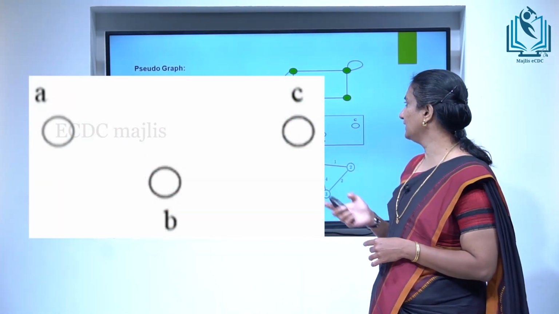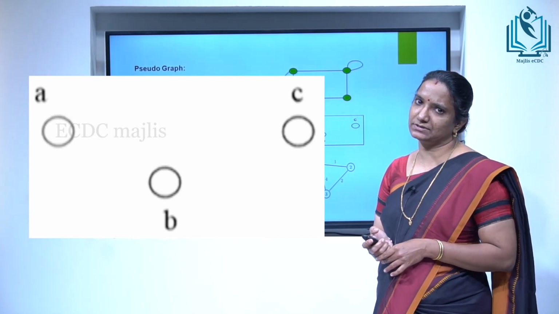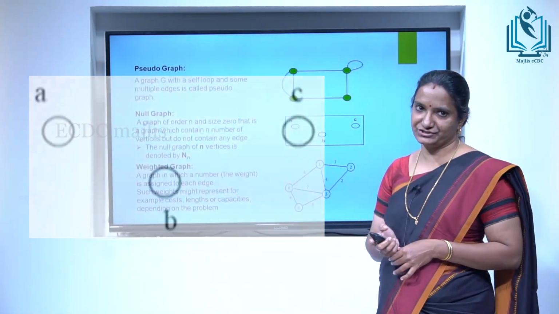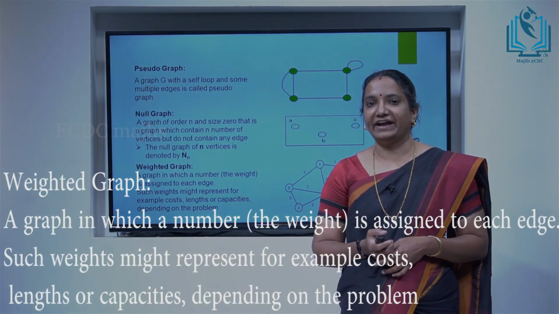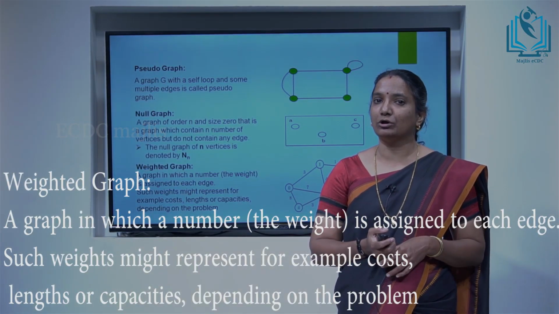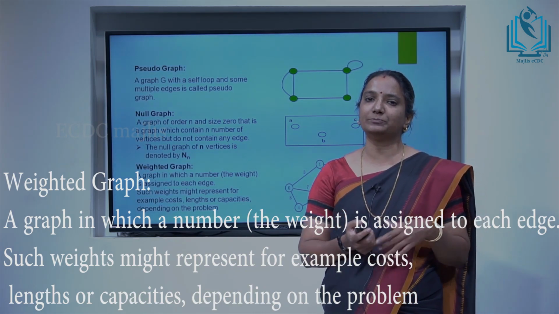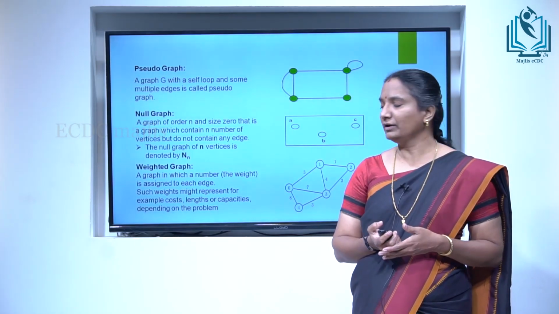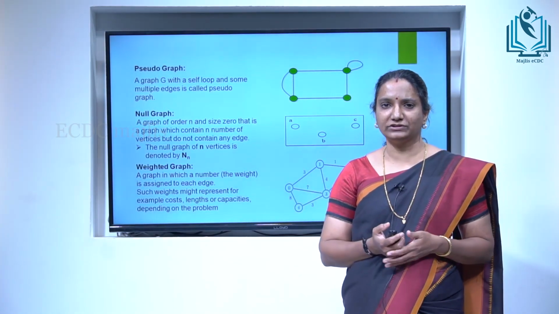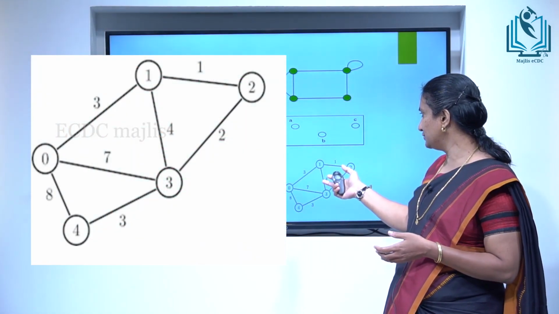An example for a null graph is A, B, C, where there are only 3 vertices, but there are no edges. Next, weighted graph. A graph in which the edges are assigned a number or weight is called a weighted graph. According to our problem, the weights may be cost, length or capacity depending on the problem. In our example, see the edge from 0 to 1.